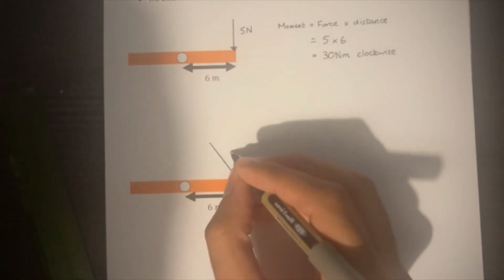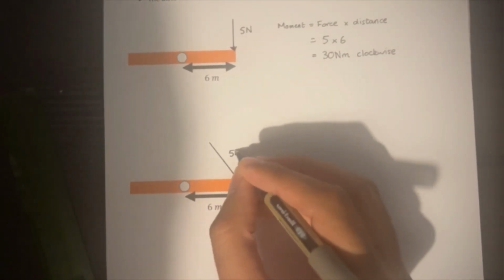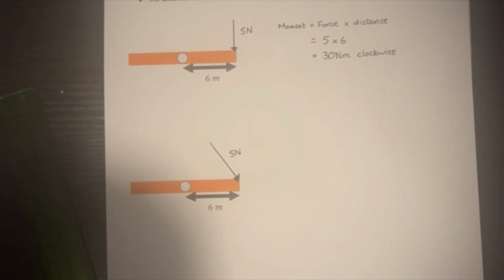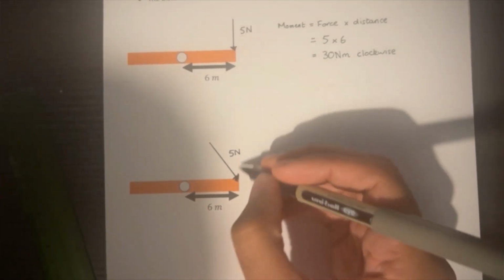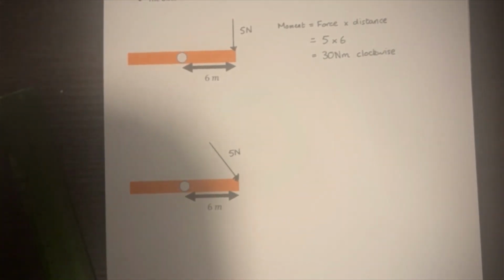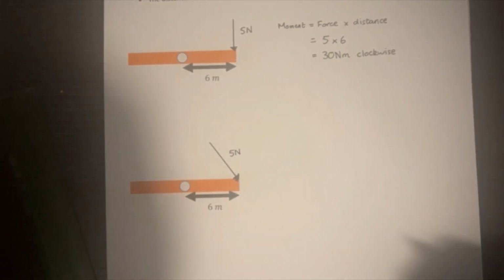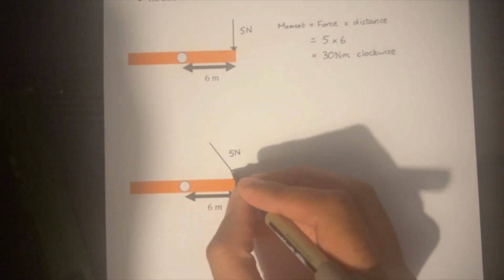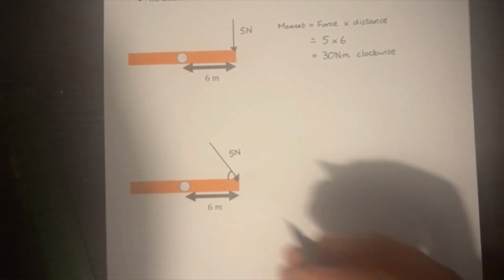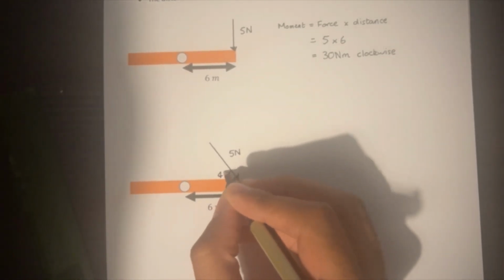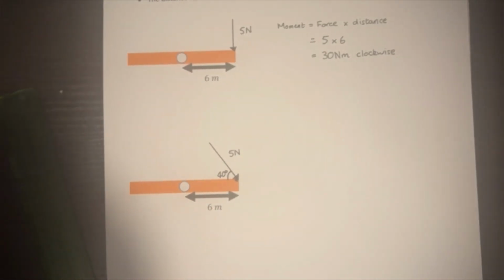So we've got a force applied, we'll keep that force as 5 newtons. However, this time, rather than being applied perpendicular to our rigid body, our force is being applied at an angle. And let's just, for example, say that angle is 40 degrees.